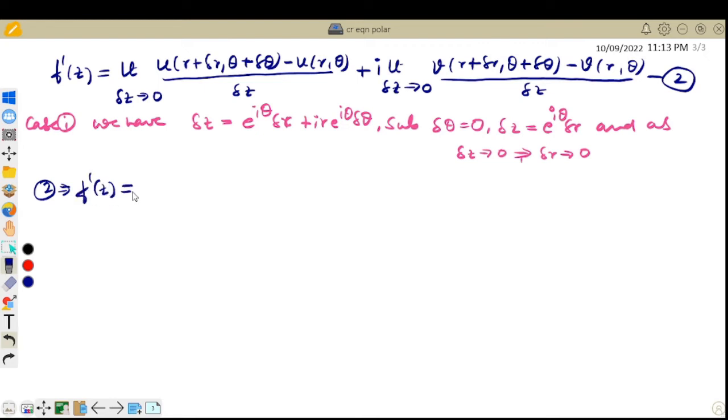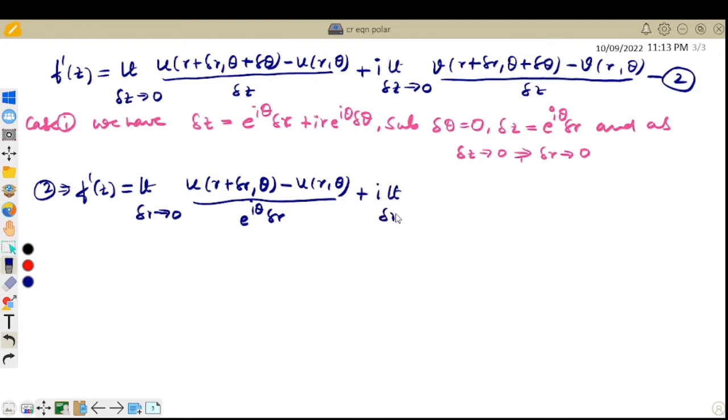f dash of z is equal to limit as delta z tends to 0, which means delta r tends to 0, u of r plus delta r comma theta (you can take delta theta equal to 0, then you have just theta) minus u of r comma theta, divided by denominator delta z, which is replaced by e raised to i theta into delta r, plus i into limit as delta r tends to 0.